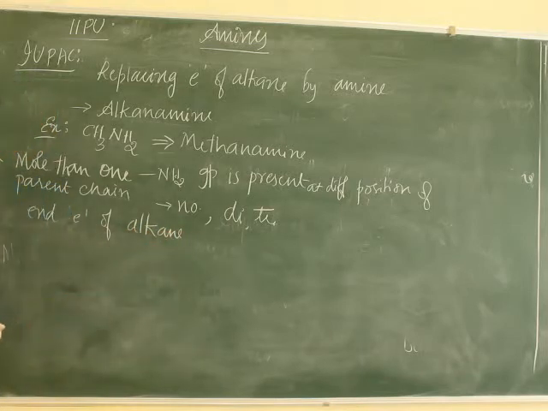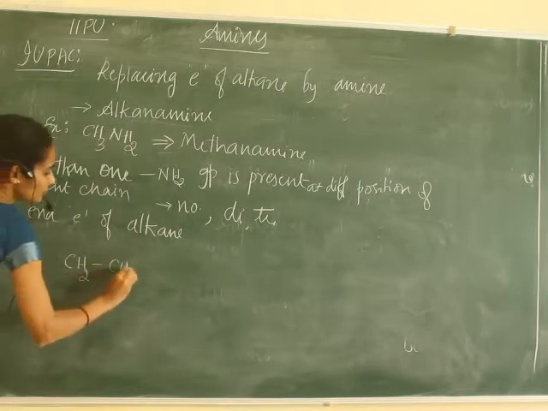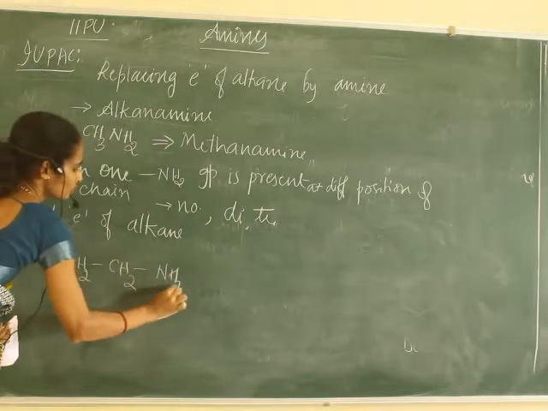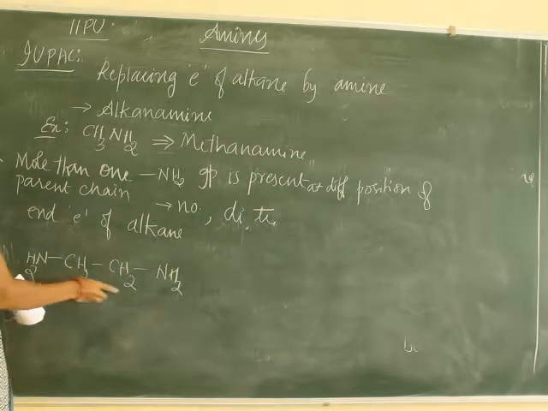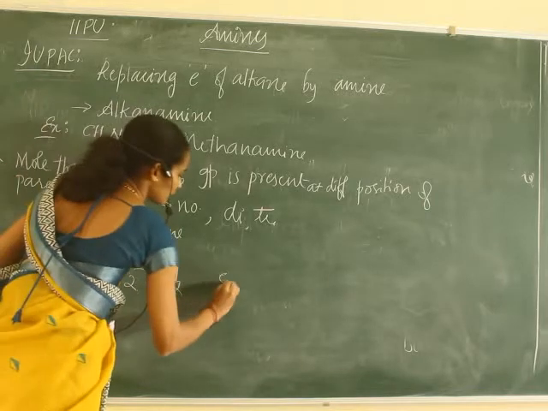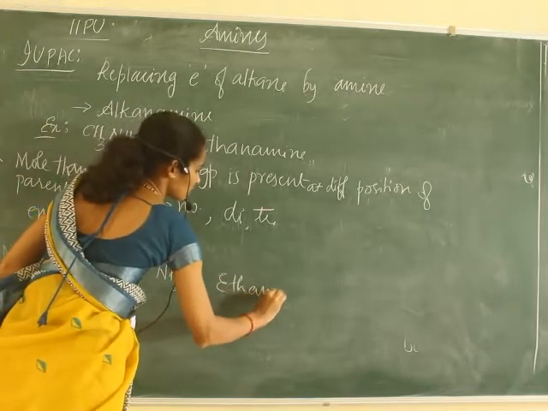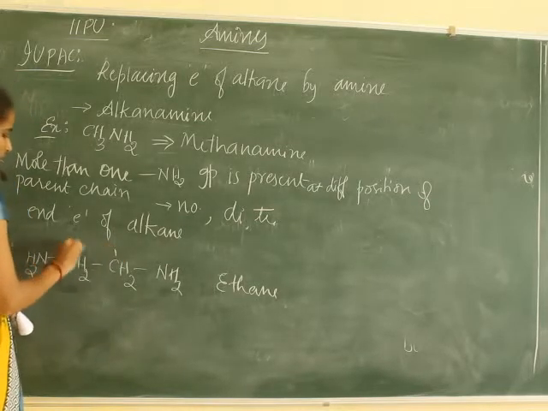For example, here the parent hydrocarbon chain is CH2CH2, ethane, right? And how many amine groups are there? 2 amine groups are there. And at what position? 1, 2 or 1, 2.